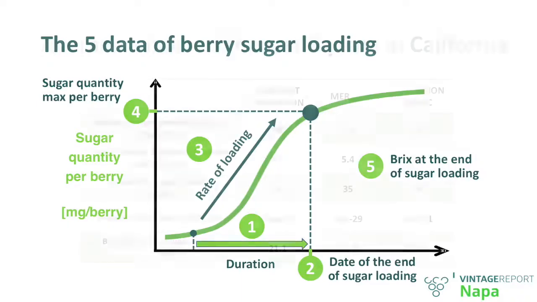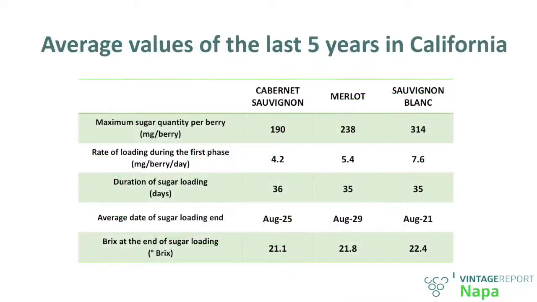To give you some examples, we've been working on the average values for the last 5 years in California for different varieties. You see Cabernet Sauvignon, Merlot, Sauvignon Blanc. First of all, we can say that according to sugar loading, you have a strong varietal effect. Some varietals are able to load more sugar than others.